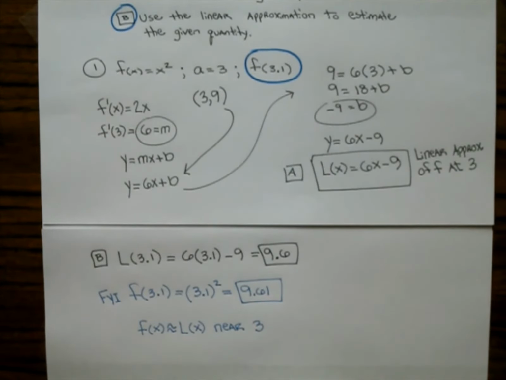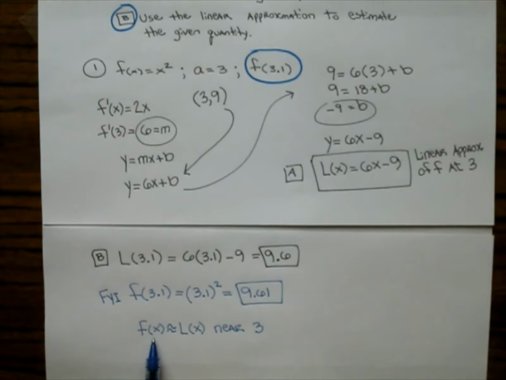And so sometimes in the real world you'll have this really ugly function, and you'll have to evaluate maybe hundreds or thousands of points right next to an x value of 3. Maybe you're doing some application for cryptography or whatever, and instead of having the computer crank out f of 3 for something that's worse than x squared, we find the linear approximation, and then we can do those 1,000 calculations very simply using a line. So that is the application.